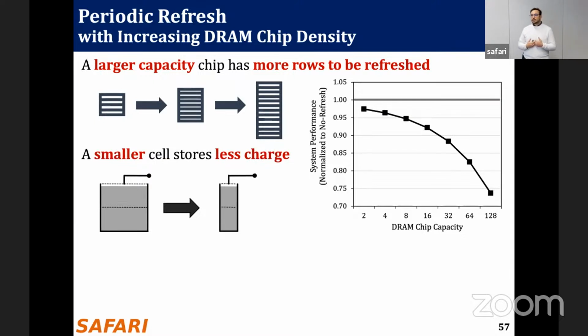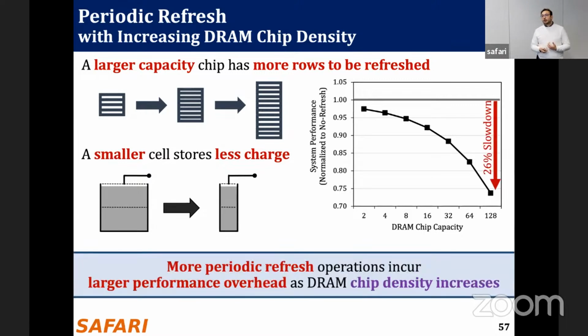And as the DRAM chip capacity increases, based on this motivational evaluation that we have, our system performance reduces. And once we go to a DRAM chip capacity of 128 gigabits, we observe around 26% of slowdown. And this is purely because of the periodic refresh operations.